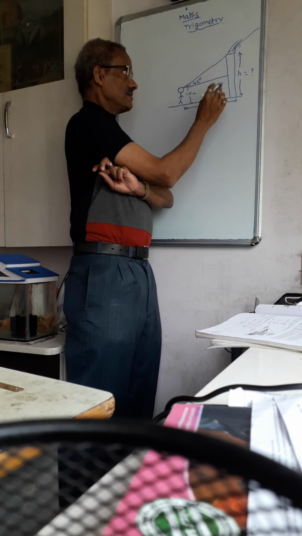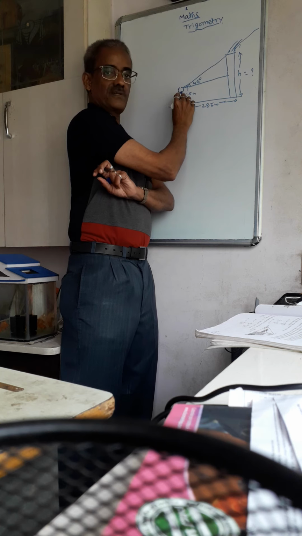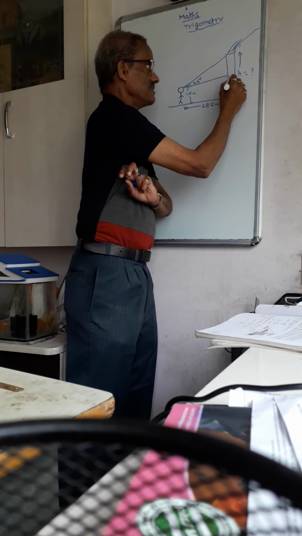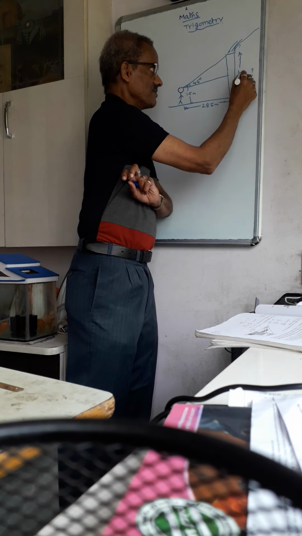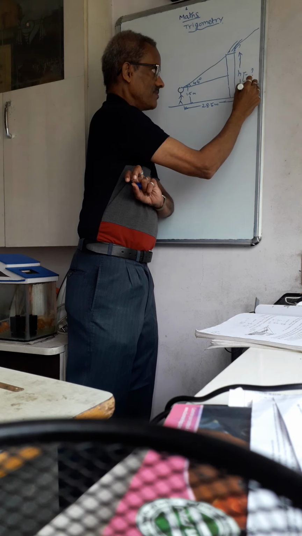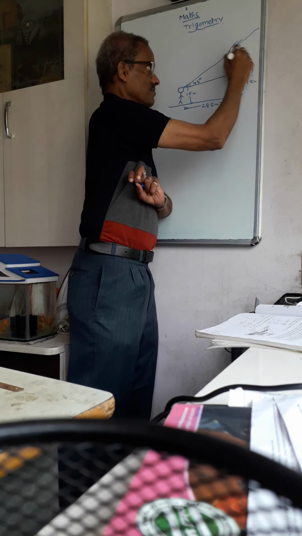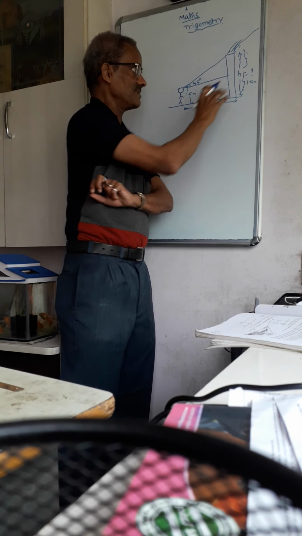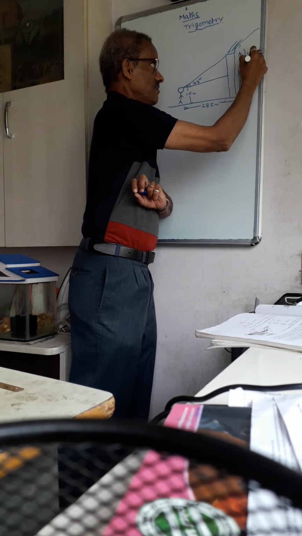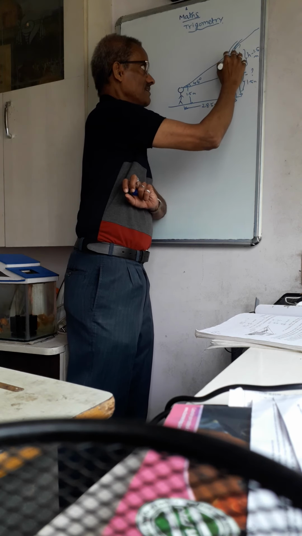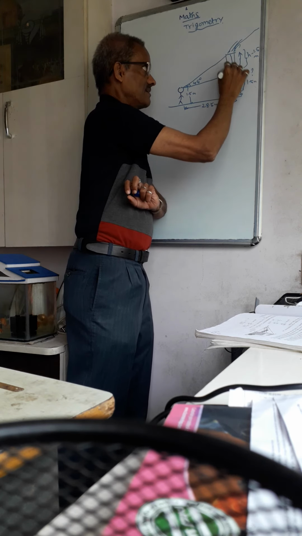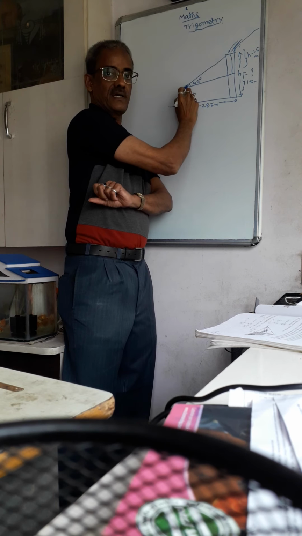We already know the observer's height is 1.5 meter, so from here to here is also 1.5 meter. Let the total height of the chimney be h. So h minus 1.5 meter is the remaining height.